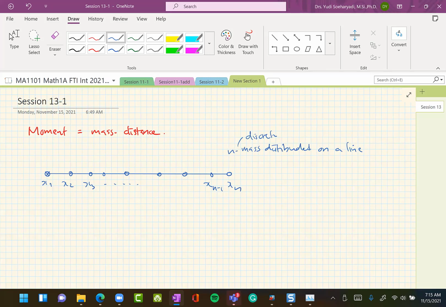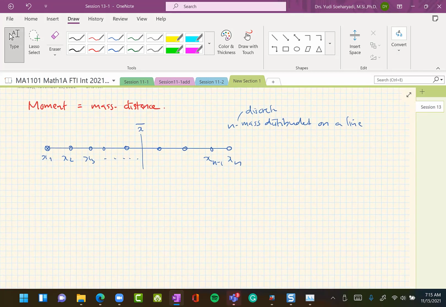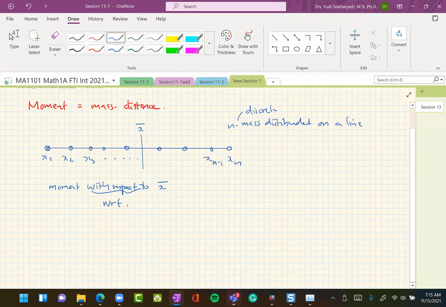Right. So let's say this is x bar. What is x bar? The moment with respect to it, WRT, that is, with respect to, right?